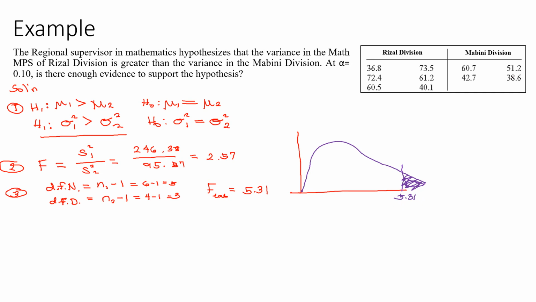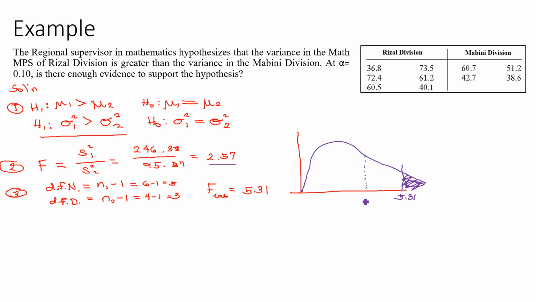But if the value lies here in the non-shaded portion, then we are going to accept the null hypothesis. In this case, our computed F value is 2.57, so somewhere here.